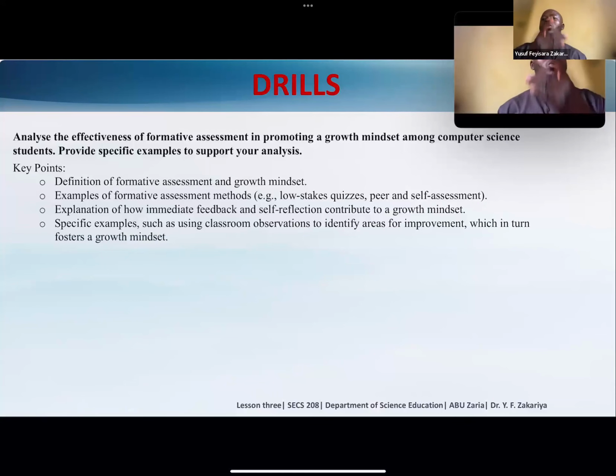Because by the time you identify an area for improvement and you let the student be aware of it, and then you try to cement it, then before you know what is going on, the student will have confidence that yes, I can do it, and then they will enhance their growth mindset. And by the time they do it the second time, now they get it perfectly. So this is the kind of thing we are talking about. When I give you this type of question in the exam, I expect you to do these 4 things at least. Take note. Another drill.